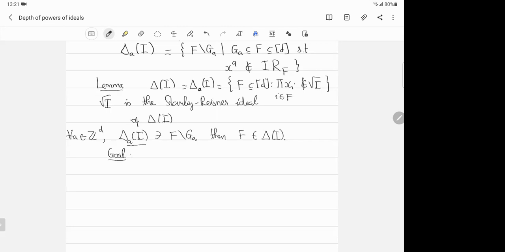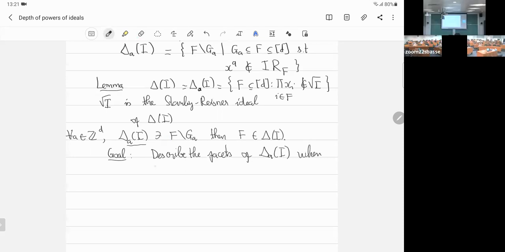And for that we will describe the facets of this complex when I is unmixed.